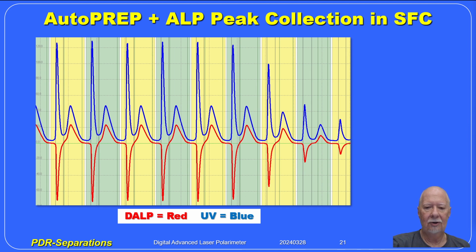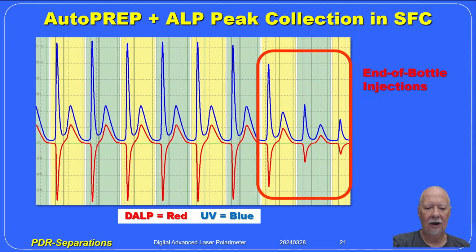Flow is routed to the correct collection port regardless of peak elution order or elution time. At the end here, notice that the collection valves move correctly at the beginning and end of the actual peaks, even though the peaks are getting smaller at the end of this bottle.